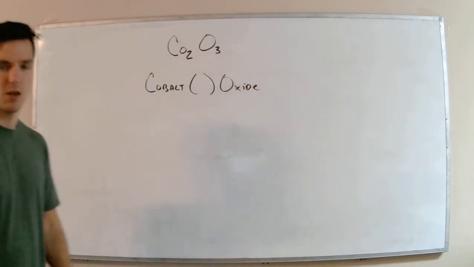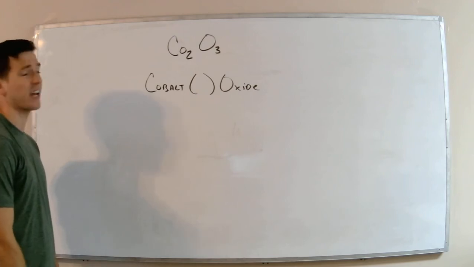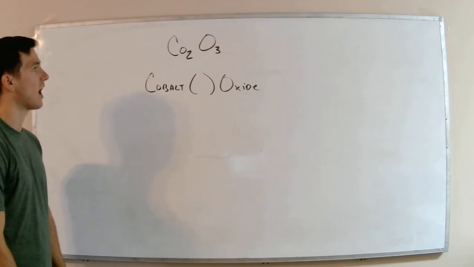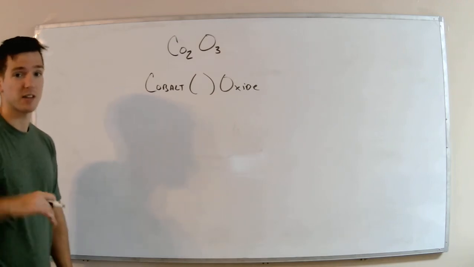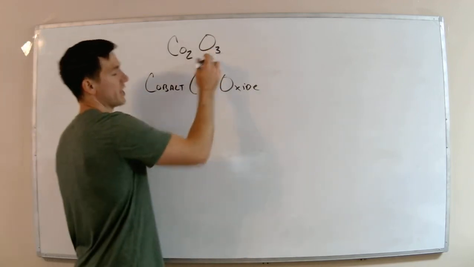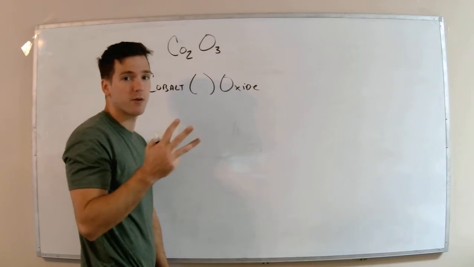Well, let's think about this. I got to figure out the charge on cobalt, so I got to look at the partner. Oxygen, if I look on my periodic table, it's in the chalcogens or the -2 column, so oxygen has a -2 charge. But how many oxygens do I have? 3.